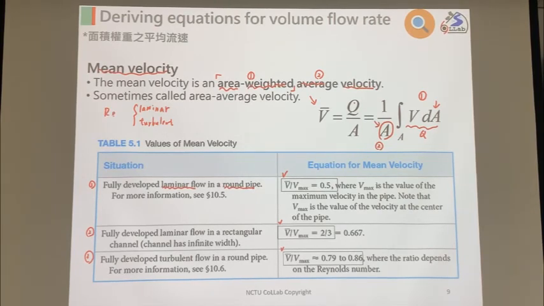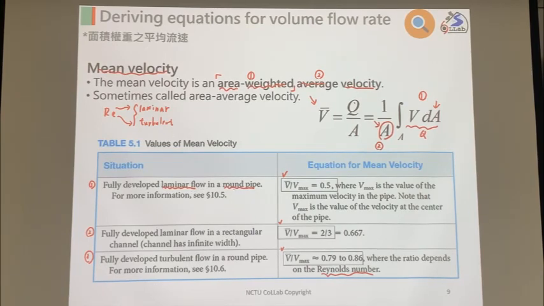That's based on the Reynolds number. If the Reynolds number is high enough, we call that turbulent flow. If the Reynolds number is small enough, we call that laminar flow. I defined the Reynolds number in our previous class, and if you forgot the formula, you can go back to see the PPT file.